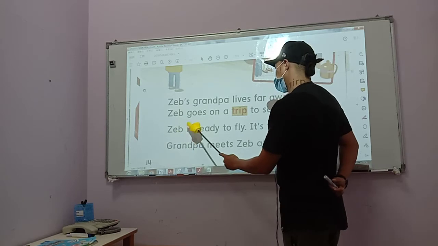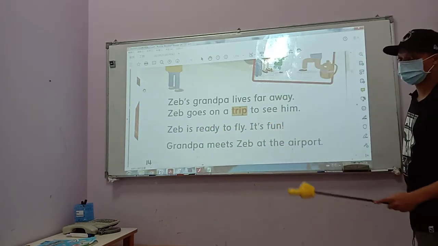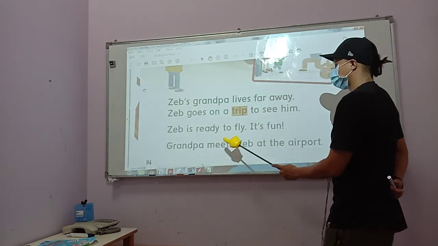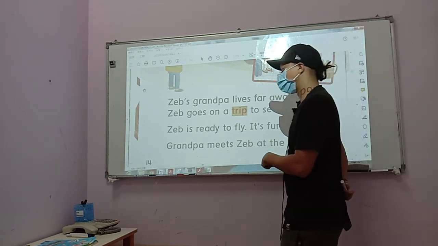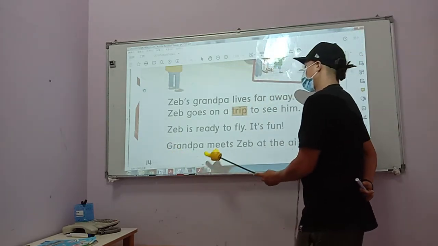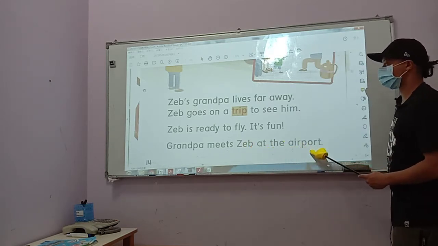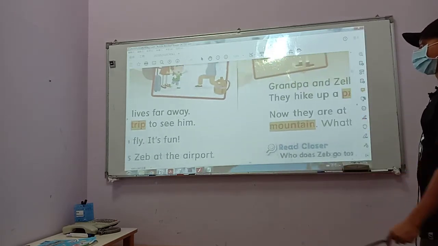Zeb is ready to fly. It's fun. So, Grandpa meets Zeb at the airport. Okay? Good job, everyone. Let's go to the next page, please.